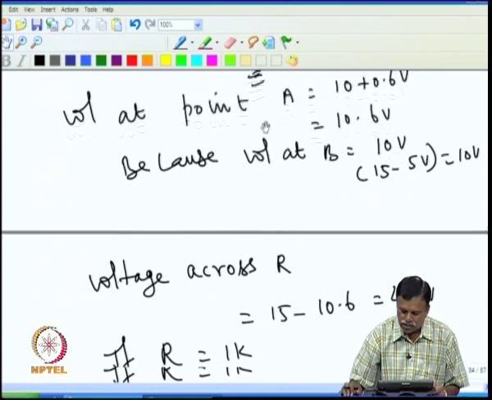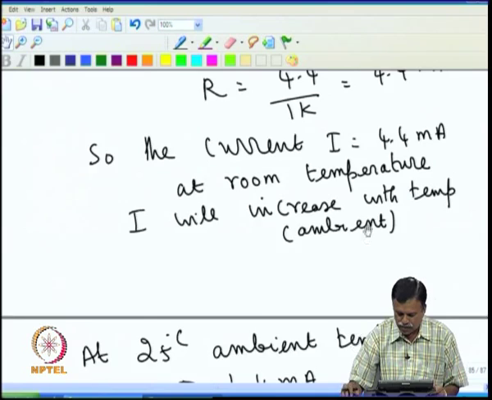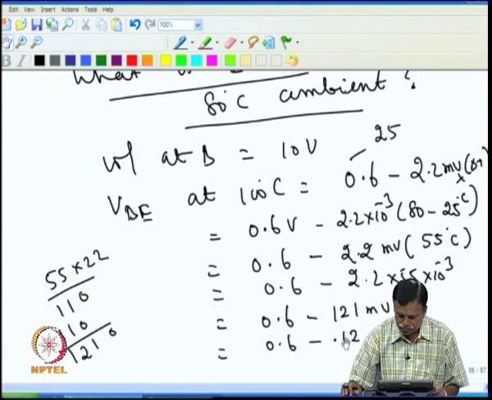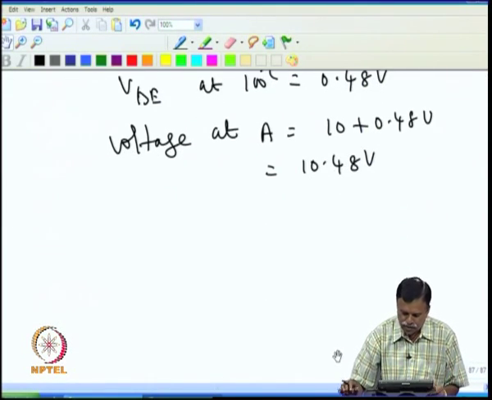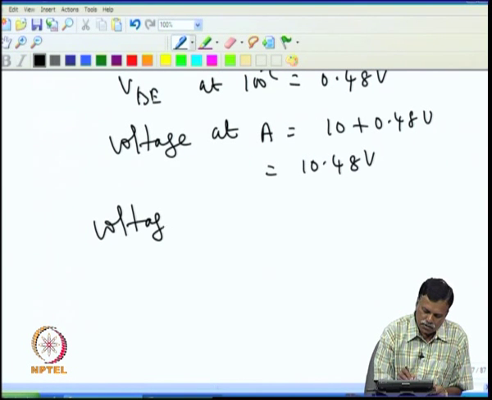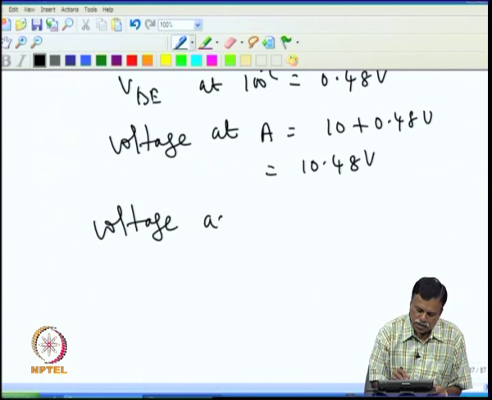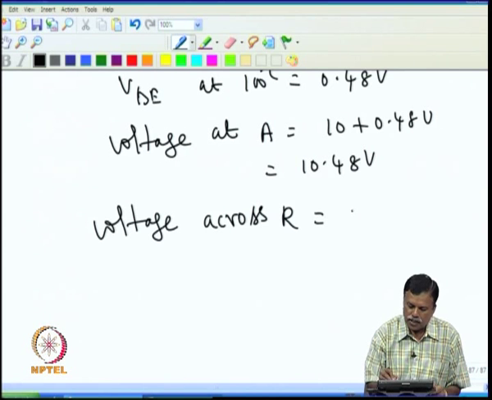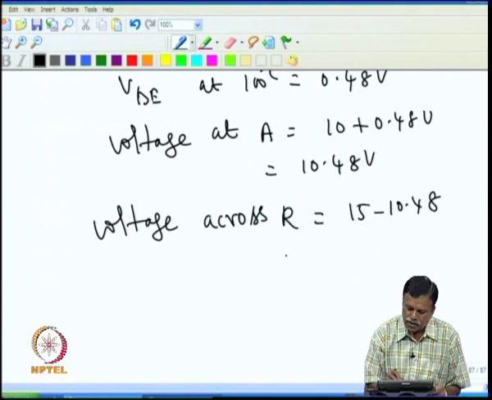So the voltage across R will be 15 minus 10.48, that will be 4.52 volt.